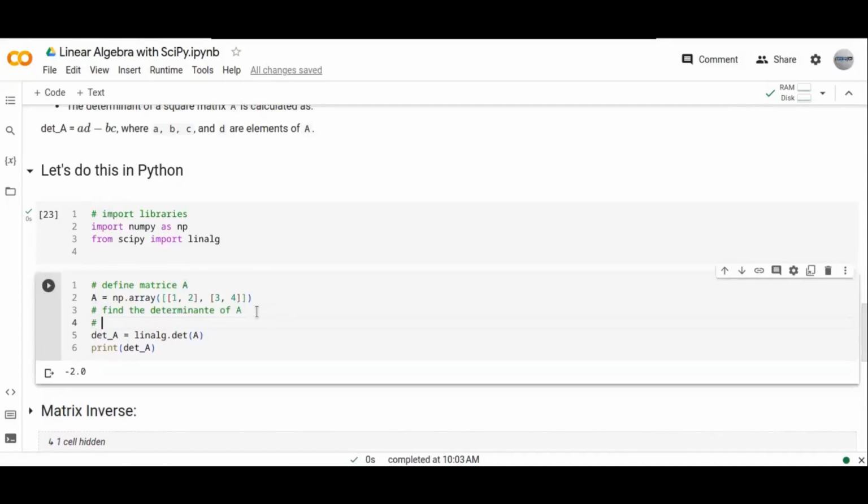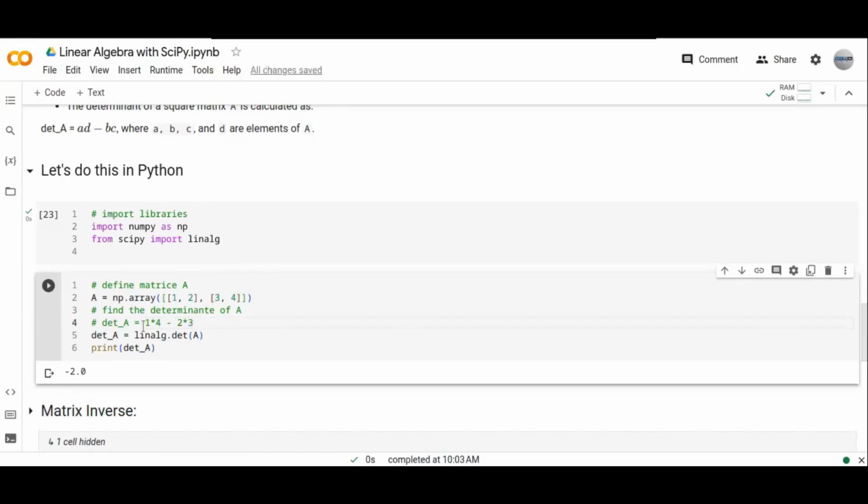Let's say the determinant of A is this, from our matrix A. We can determine that the first element is a, so a is 1, multiplied by d, the last element, that is 4, minus b, the second element in the first row, that is 2, multiplied by c, the first element in the second row, that is 3.